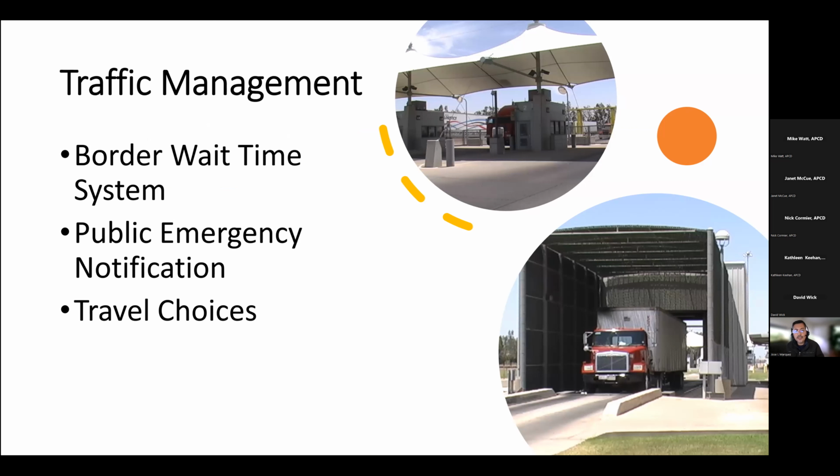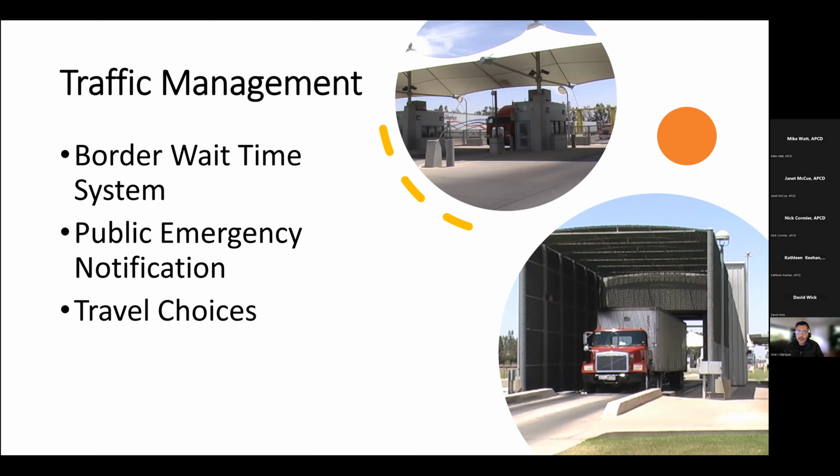This concept is going to provide a traffic management system to close the existing communications gap between different elements and different agencies that work at the border. As we know, there are several agencies that work at the border. Here in the U.S., we primarily have U.S. Customs and Border Protection and the CHP, the California Highway Patrol, and in Mexico, we have Mexican Aduanas. Those are the main agencies.